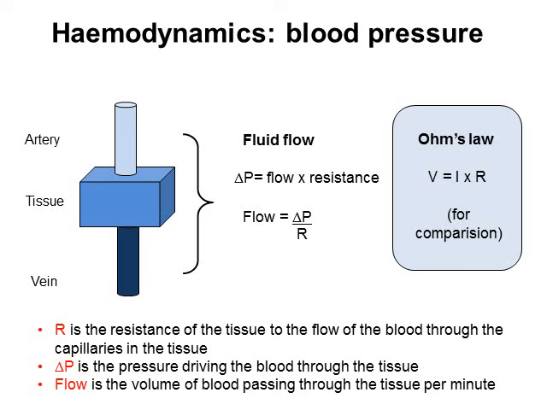The current becomes blood flow and the resistance is still resistance. So we can rearrange that equation to give flow, as being the volume of blood passing through the tissue in 1 minute, equal to the difference between arterial pressure and venous pressure divided by resistance.